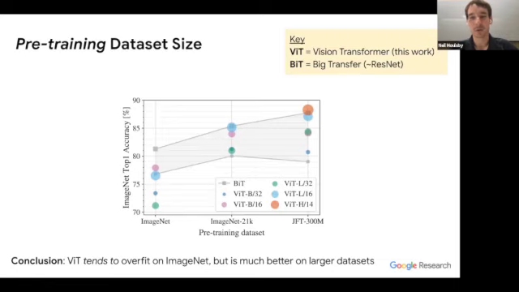Now, subsequent work has shown that if you add a lot more data augmentation or more regularization, this can be made to match ResNet, or even outperform. But if one doesn't apply a lot of extra tricks, then training on ImageNet results in worse performance. However, as we go to ImageNet 21K and JFT, now the vision transformer actually starts to outperform ResNets of equivalent size.